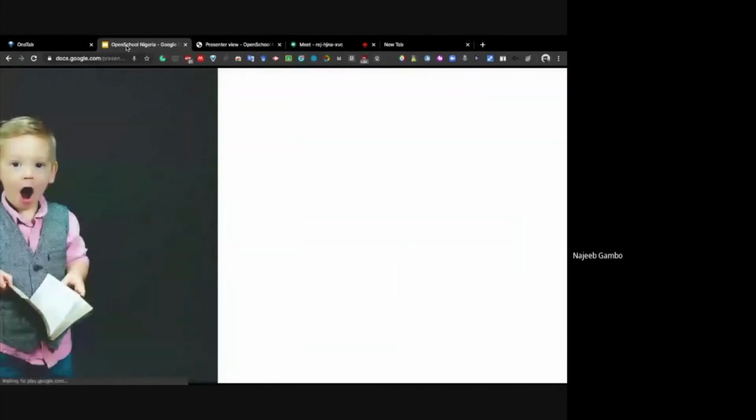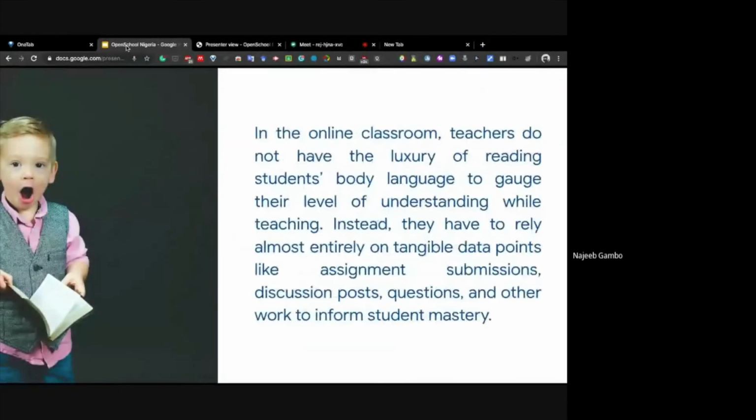Not only that, another educator says in the online classroom, teachers do not have the luxury of reading student body language to gauge their level of understanding while teaching. Instead, they have to rely almost entirely on tangible data points like assignment submissions, discussion posts, questions, and other work to inform student mastery. So these are some of the challenges faced by teachers.